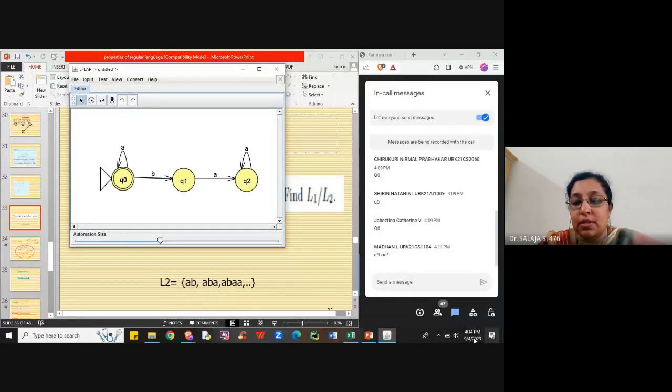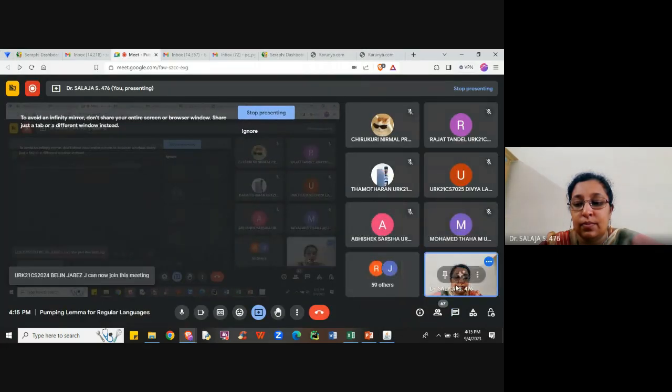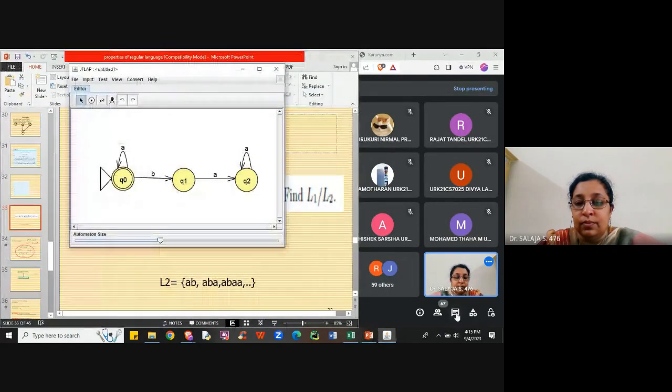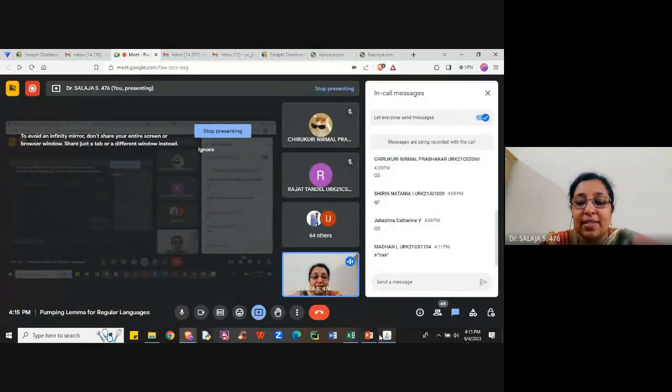Any other options? What is the regular expression for the given diagram? Can I have answers, please?